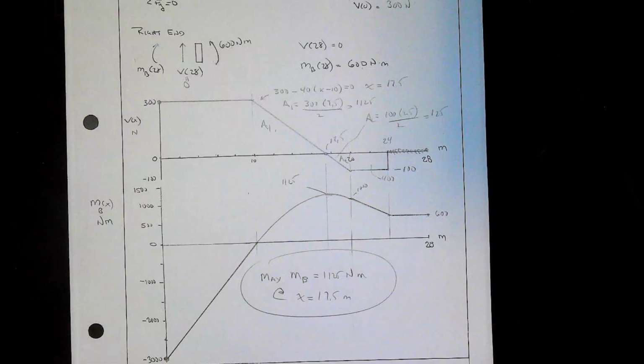So this is at 1125 Newton meters. Now I've got to lose 125, so that'll take me to 1,000. Put that right in here. Now I'm going to lose 400 more, so here I am at 1,000. So that'd take me to 600.